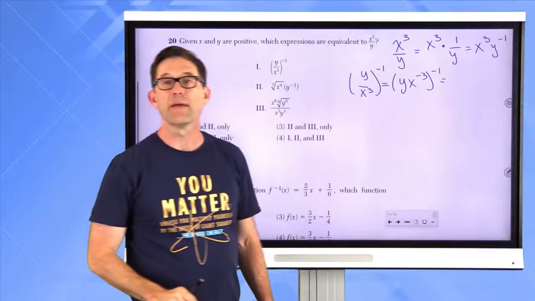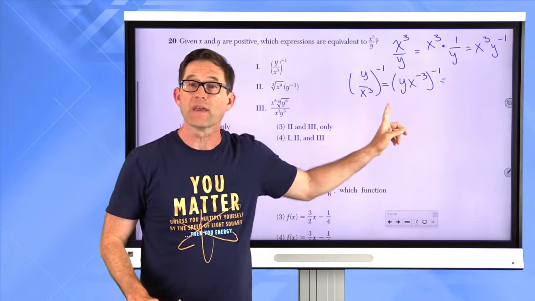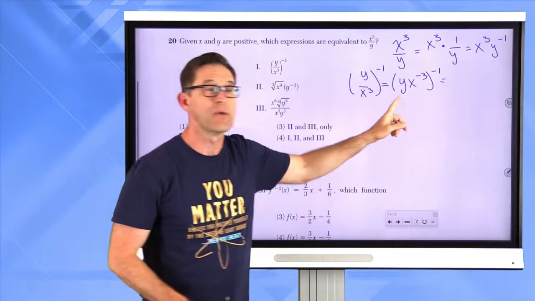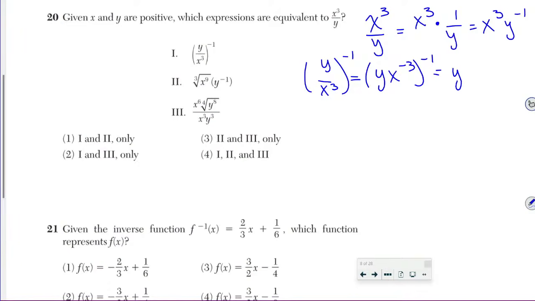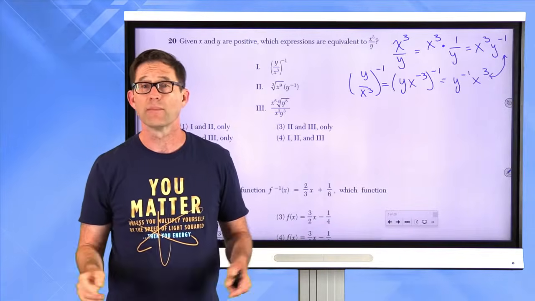Whenever we have a product raised to an exponent, that exponent gets applied to both factors, so that's going to be y to the minus 1, and then x to the minus 3 times minus 1, so that's going to be x to the third. And those two things are in fact the same, right? Y to the minus 1 times x to the third is the same as x to the third times y to the minus 1.